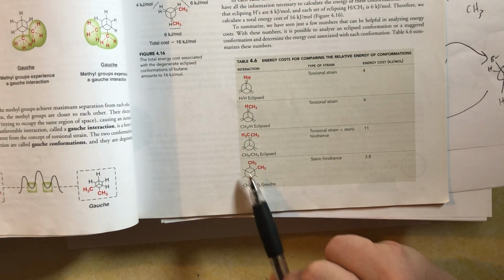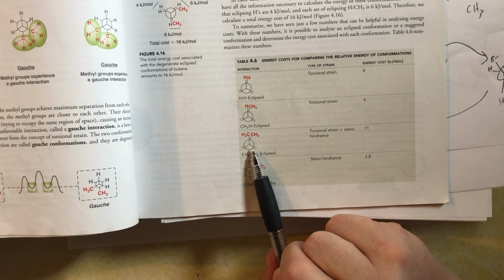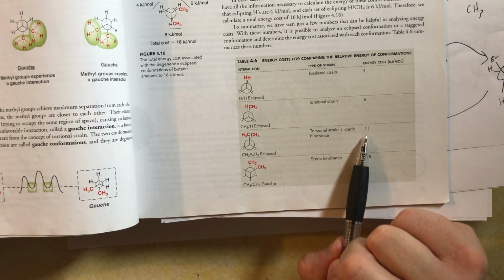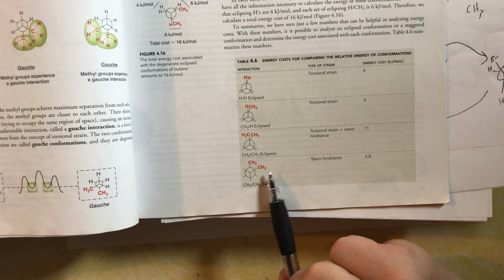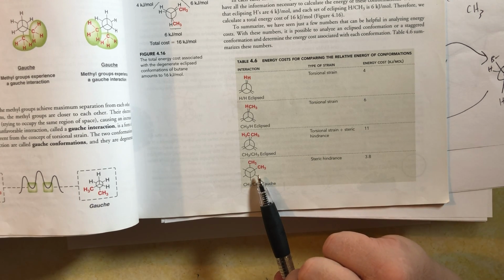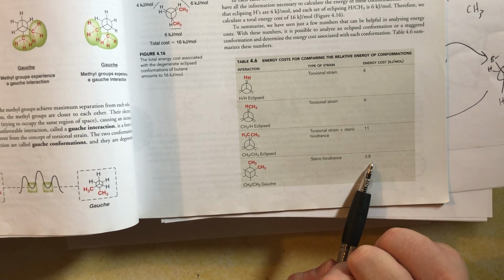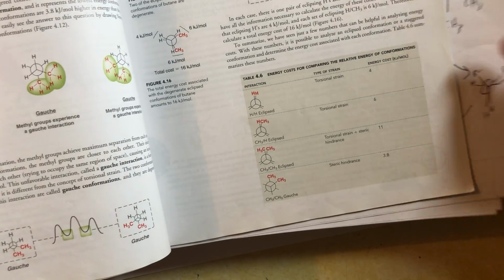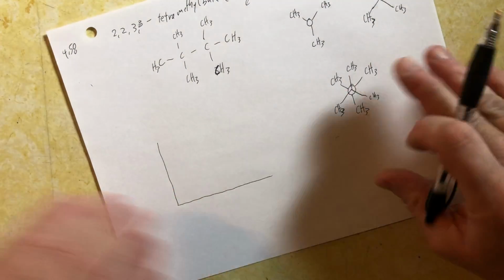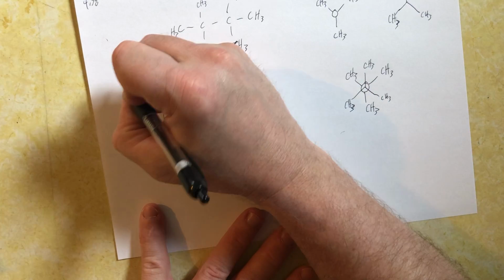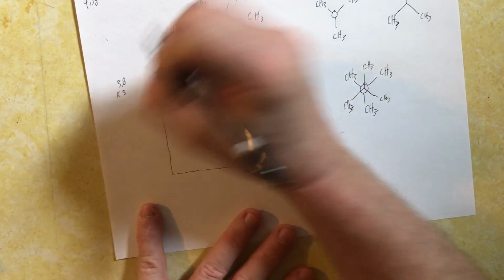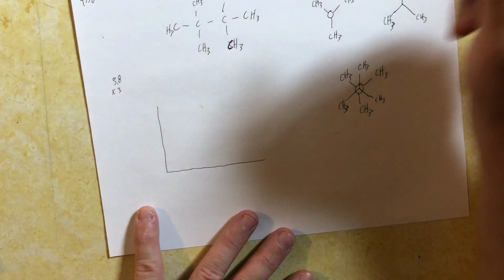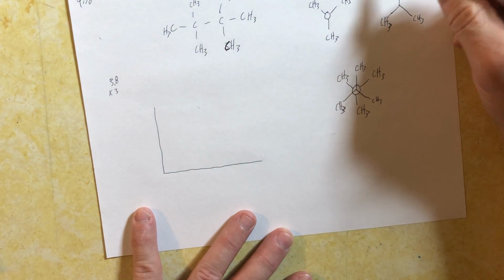We've got methyl and methyl, so when they are eclipsed, we've got 11 apiece. When they are staggered, they have a steric hindrance of 3.8 apiece. And since there are 3 sides to this looking down from above, it's 3.8 times 3 versus when they're eclipsed, 11 times 3.